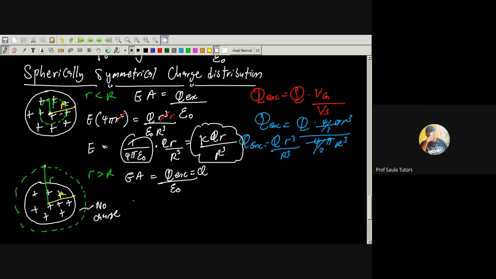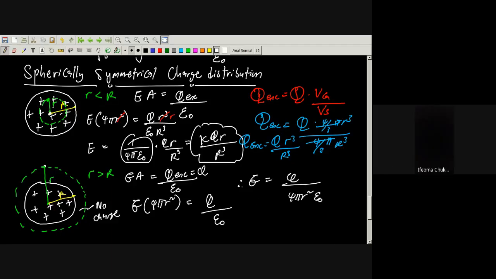So what do I do from here? E times 4 pi r square equals the total charge Q divided by epsilon naught. Therefore, E equals Q over 4 pi r square epsilon naught. And don't forget, what is 1 over 4 pi epsilon naught?